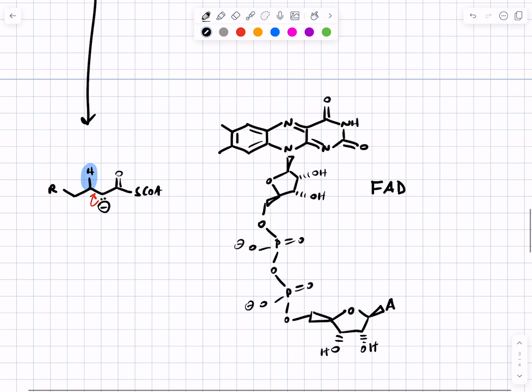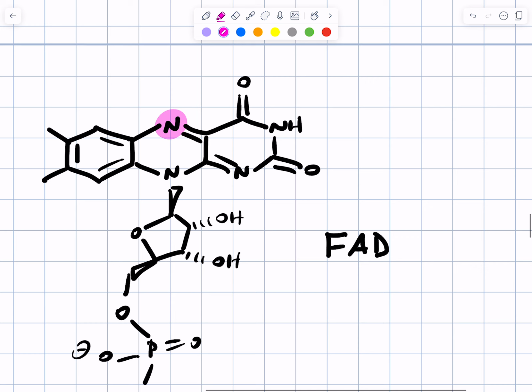All right, look at FAD. This nitrogen, which I'm going to highlight in pink, is electron poor. It's not immediately obvious that it's electron poor like it was for NAD+, but I want you to look at where it is. Carbonyl carbon, alpha carbon, the nitrogen's at a beta position.